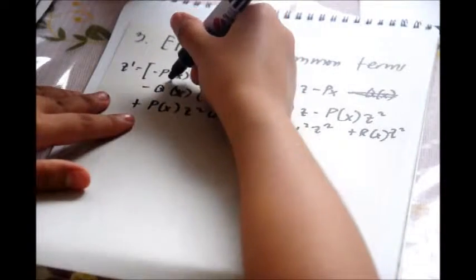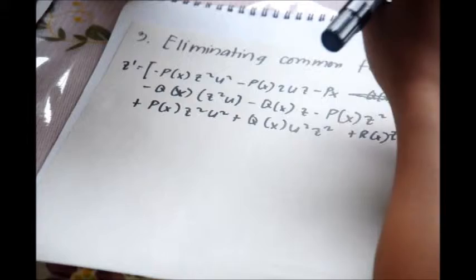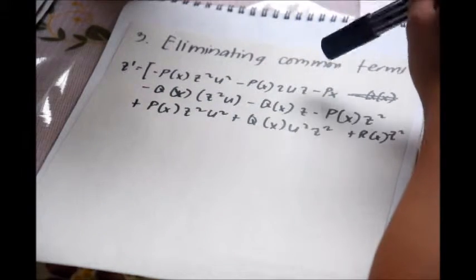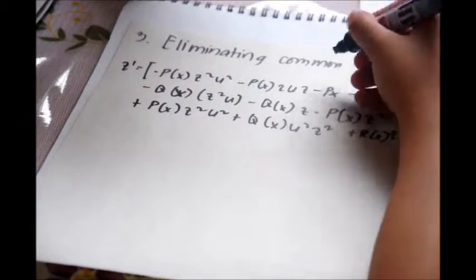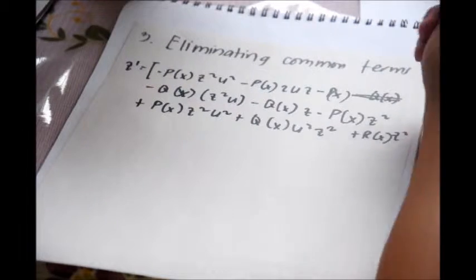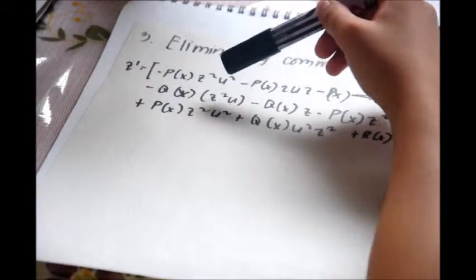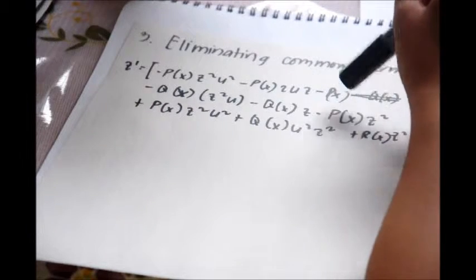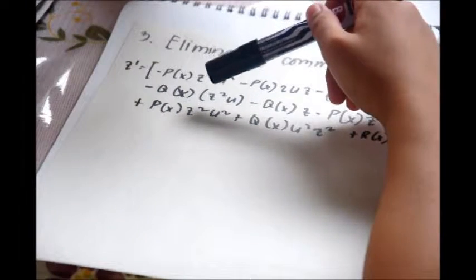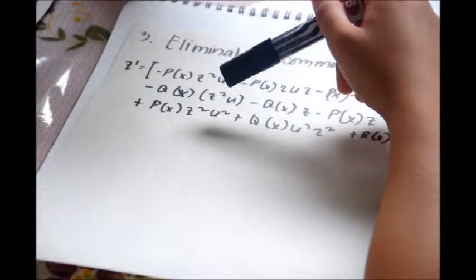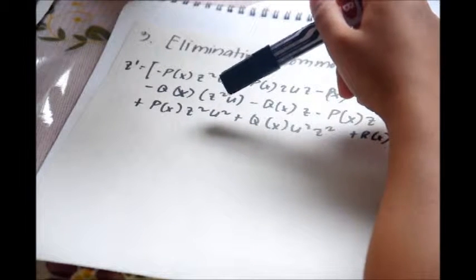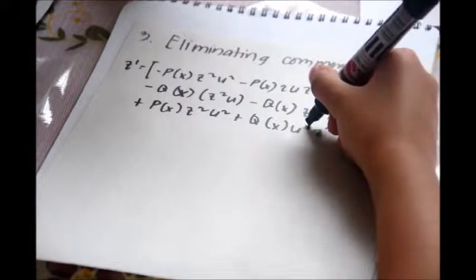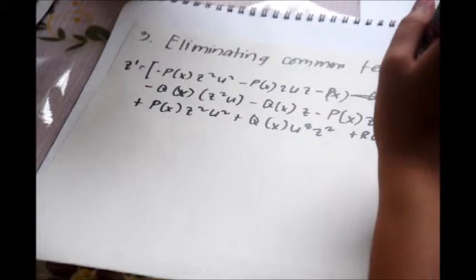So let's first check the expressions: negative q(x) z squared u minus q(x) z minus p(x) plus p(x) z squared u squared plus q(x) u z squared plus r(x) z squared.